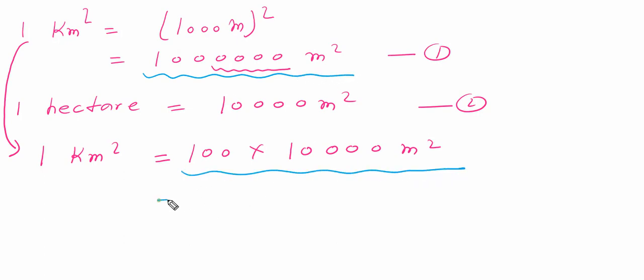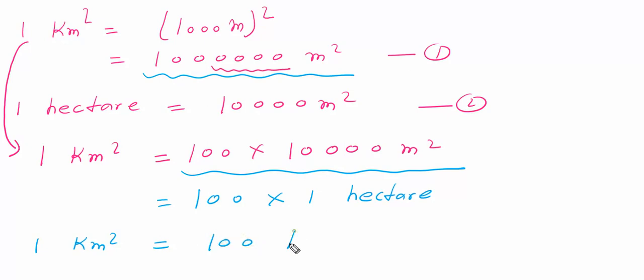Now 100 into 10,000 meter square equals 1 hectare. So, 1 kilometer square equals 100 hectare. This is the correct relation.